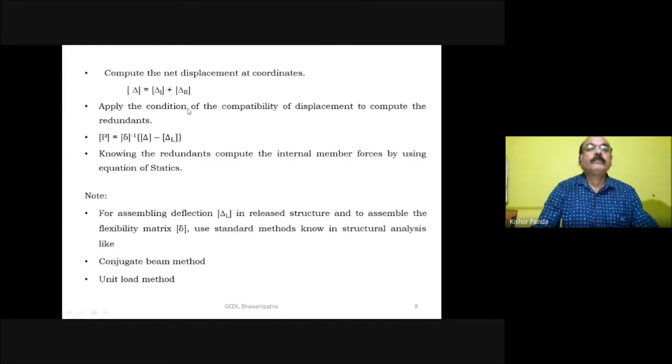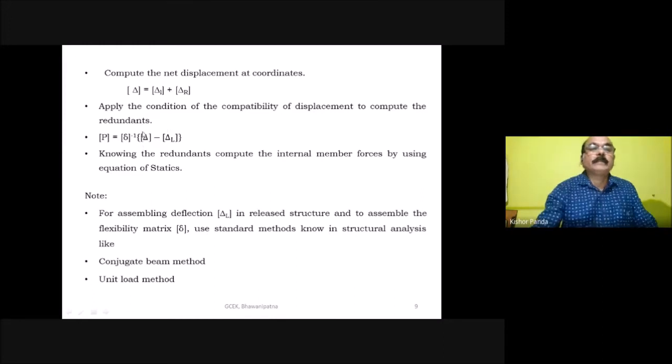Then you have to compute the net displacement. You know this is the formula: the net displacement delta is equal to delta L plus delta R. Delta L is due to the applied load, and delta R is the displacement due to the redundant forces. Then apply the condition of compatibility of displacement to compute the redundant force.